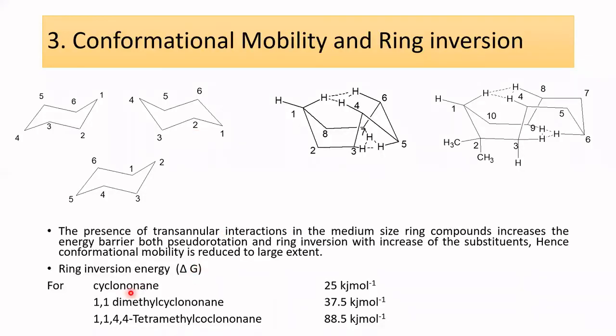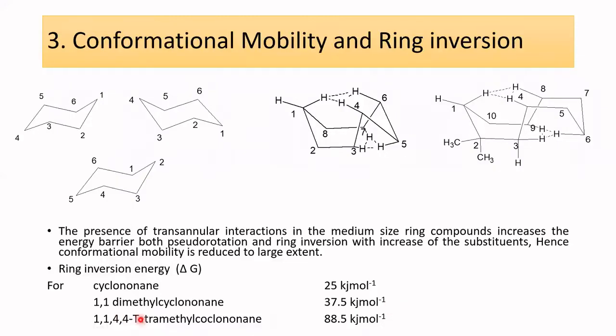So a simple cyclononane structure can change from one form to another using an energy of 25 kilojoules per mole. But in cyclononane, if I attach two geminal methyl groups at the first position, it will have a barrier of 37.5 kilojoules per mole.